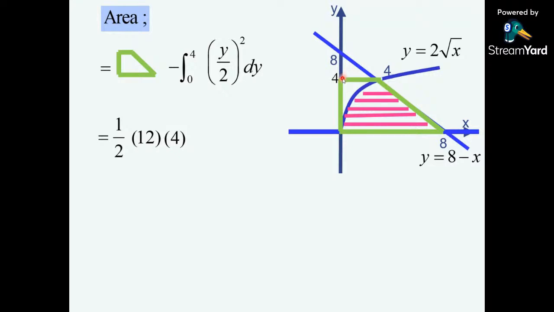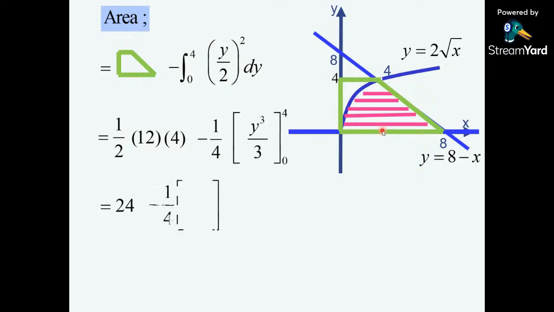Where we need to add these two lines. Okay, so the formula is 1 over 2 times the addition between the two parallel lines and multiply with the height. Okay, and then minus the derivative of y over 2 squared above, and we will get the corresponding area.